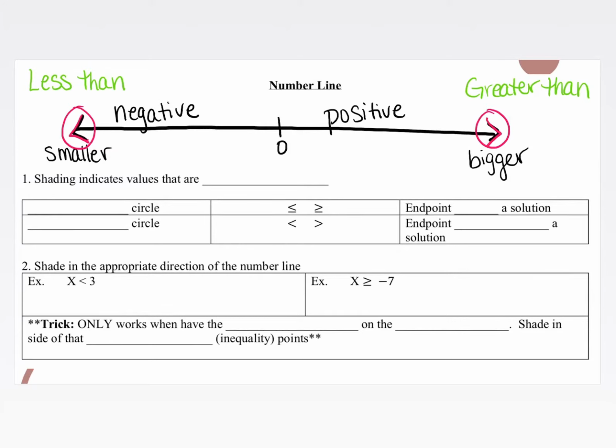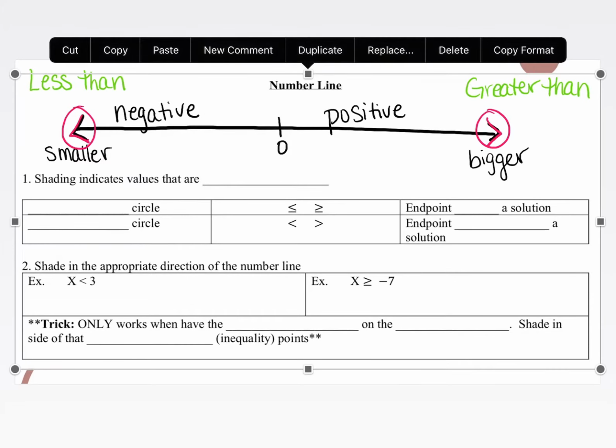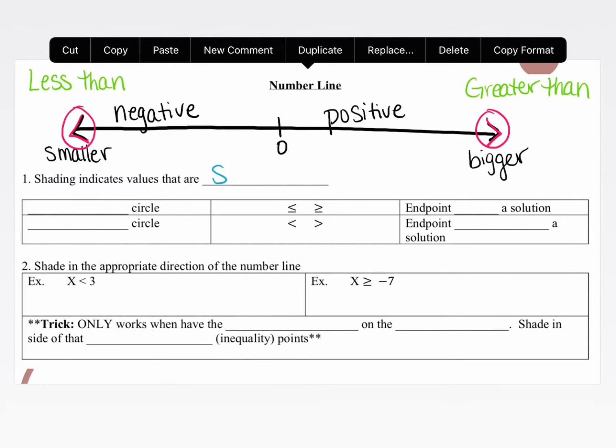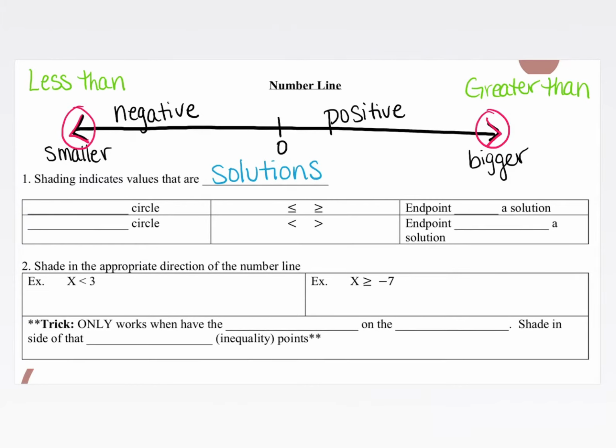Okay, now when graphing inequalities, we deal with shading. So shading indicates that the values are solutions. And we deal with this with circles and also shading on a graph.